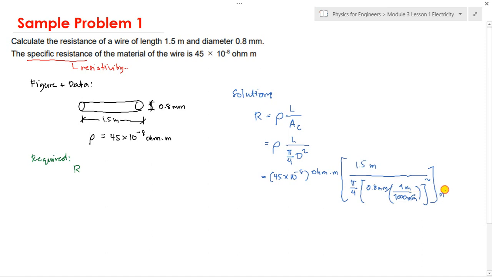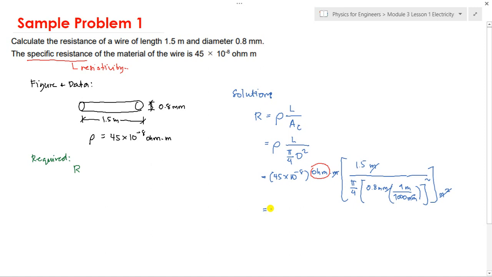Automatic, the denominator have meter squared. So the numerator is, we have also meter squared here, ma-cancelled. So therefore, ang last nato or ang ato ang dimension or unit sa atong answer is indeed ohms, which is a unit that represents our resistance. So let's simplify this so that we can arrive our answer.